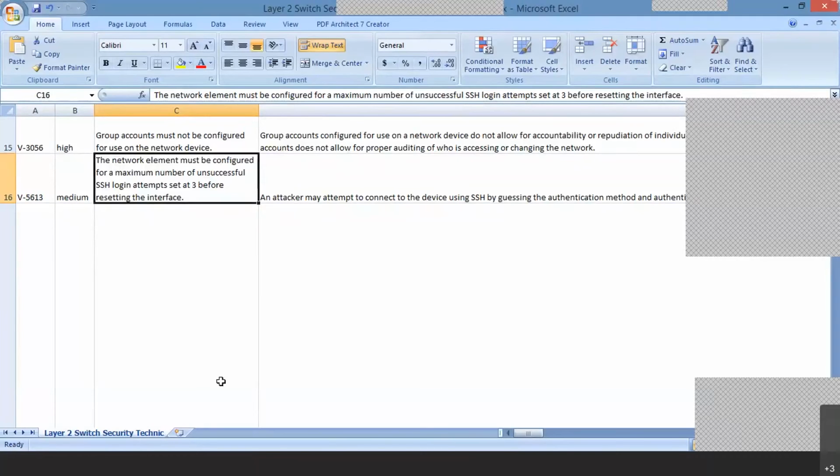To avoid this, always set the unsuccessful SSH login attempts to 3, which is a best practice for SSH. Then an attacker cannot keep trying; after 3 attempts he will be blocked. Such hardening you have to implement at the network device level.